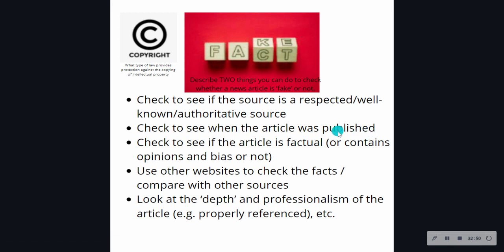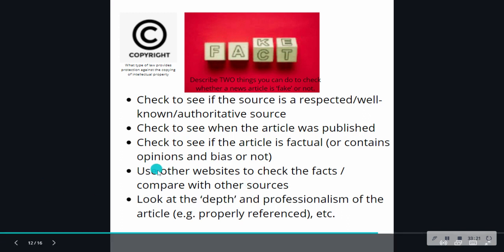Is it a 1917 one, or has it been recently published? Check to see if the article is factual. In other words, is it somebody's opinions, because then it's going to be biased, or is it actual facts that they are giving out? Are they using other websites? In other words, is the accuracy there when they refer in their sources, and we've done this in the past, they are referring to other sources.